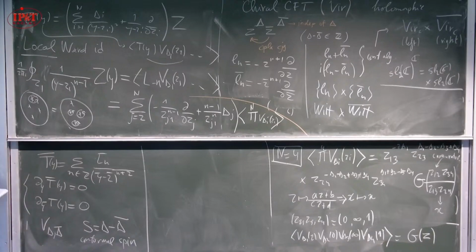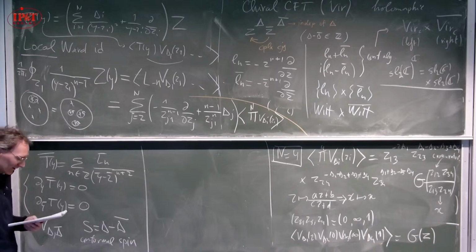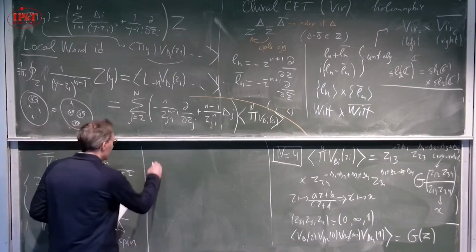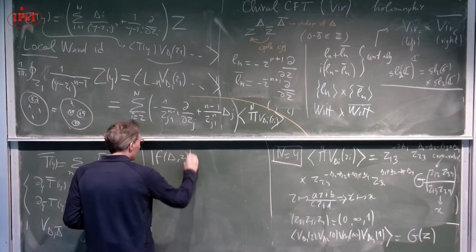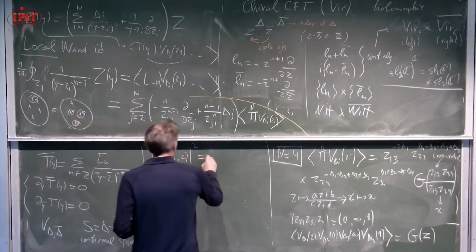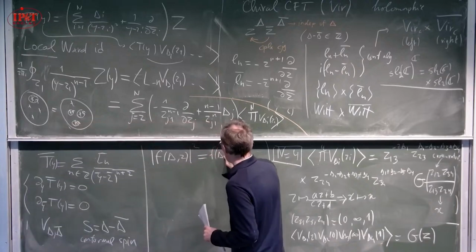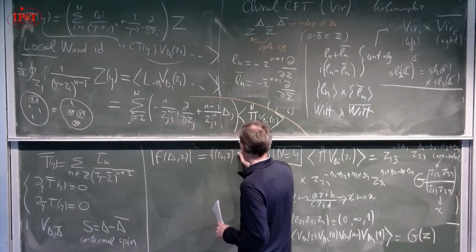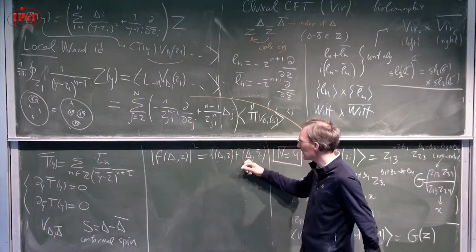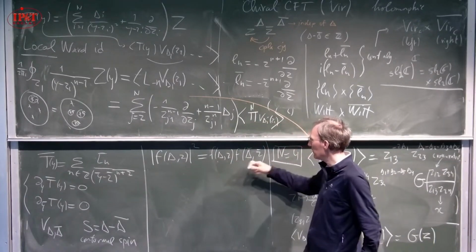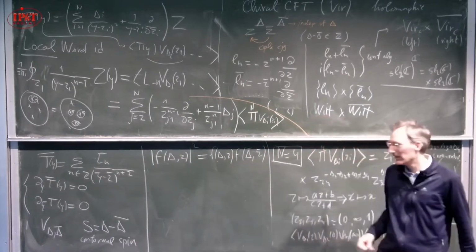The correlation functions have to obey the constraints from the left and the right Virasoro algebras. So let me introduce a notation. When I have a function which depends on positions and conformal dimensions, modulus squared means this: f times f of delta bar, z bar, where again delta bar is some variable independent from delta, and z bar is the complex conjugate of z.